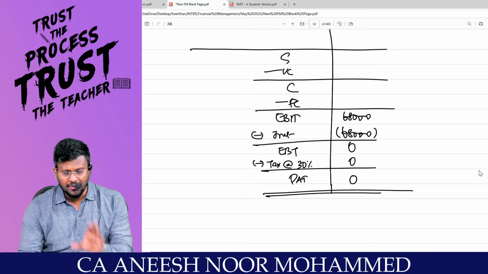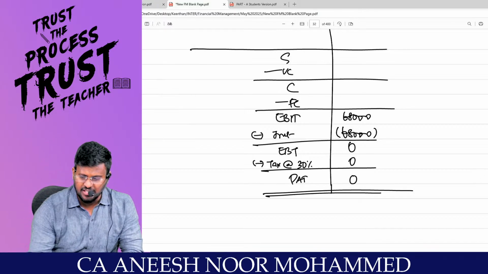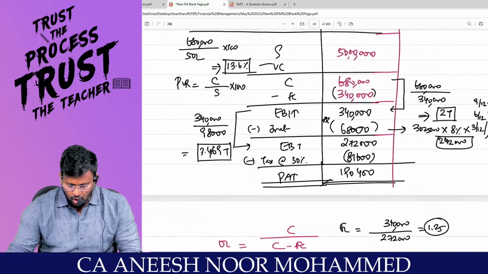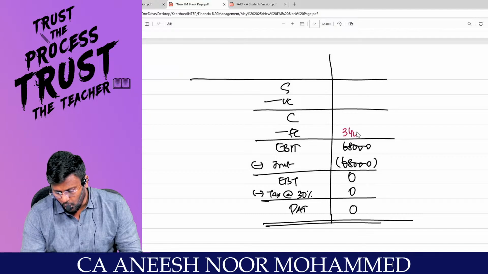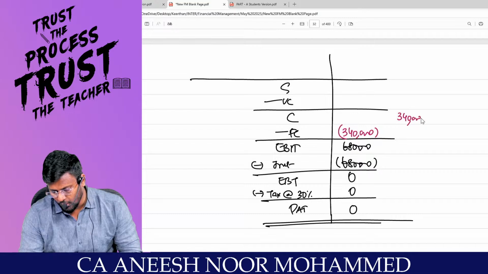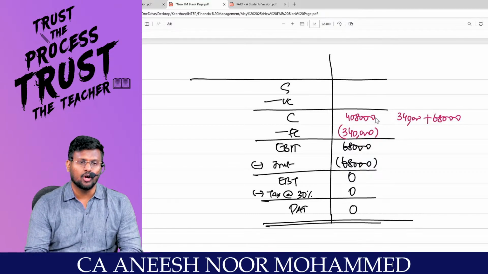Sir, we have trusted the fixed cost. We have assumed that the fixed cost given in the question is fixed, right sir? So the fixed cost is 3,40,000. So automatically contribution will be 3,40,000 plus 68,000, which comes to 4,08,000 should be the contribution.